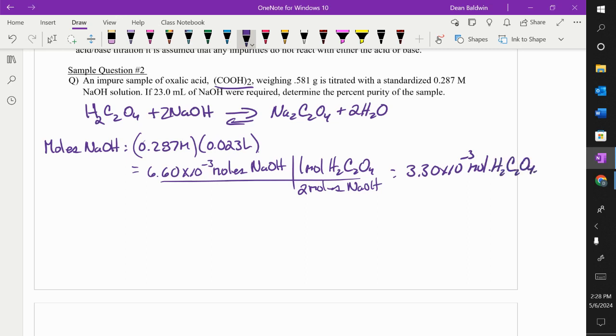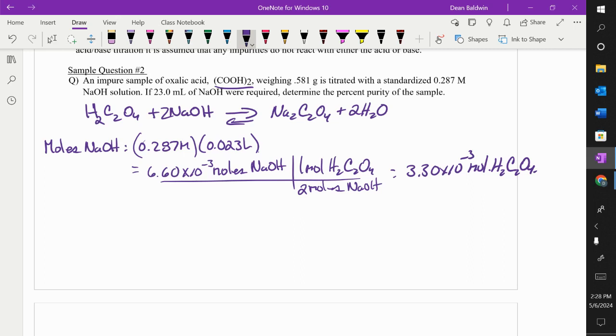How am I going to figure out the percent purity? We started with 0.581 grams. We got 3.3 times 10 to the minus 3 moles. What do I need to do? Yeah, so I got to convert the moles of oxalic acid into grams.